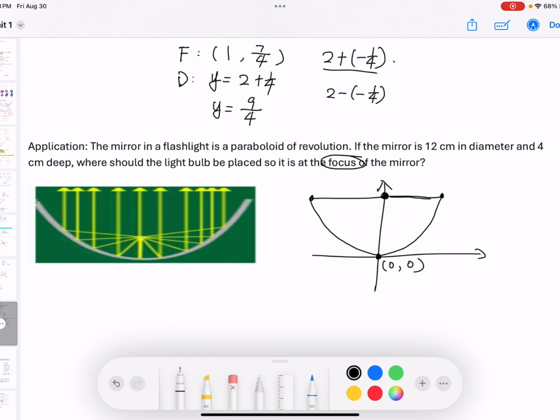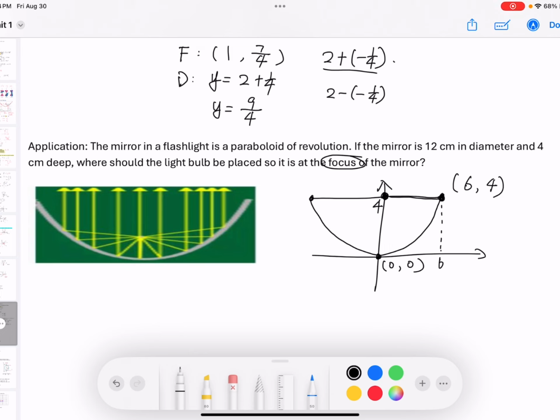That means from here to here is 6, so the x coordinate here is 6. And it is 4 centimeters deep, so from here to here is 4. That means this point is 4. So the point on my parabola is (6, 4): the x value is 6, the y value is 4.